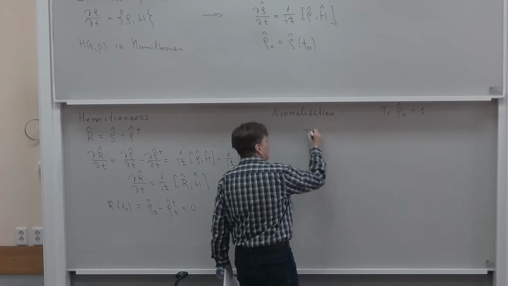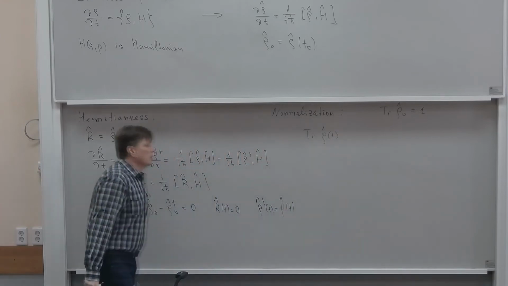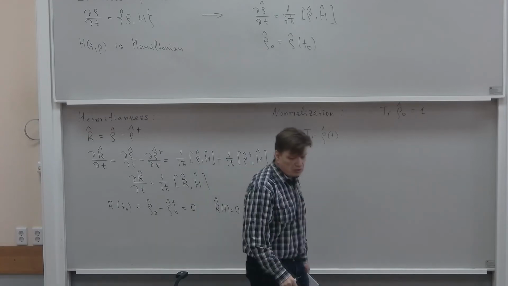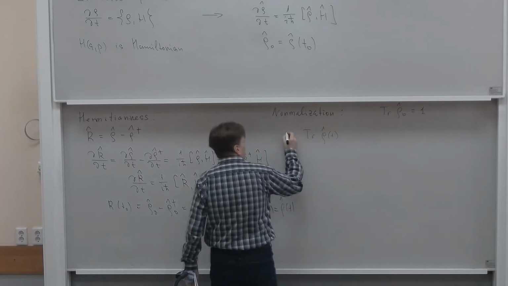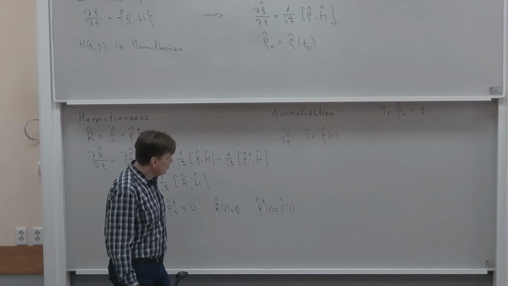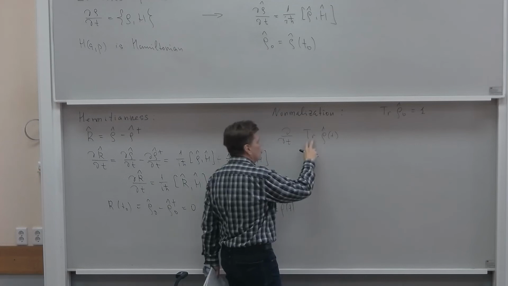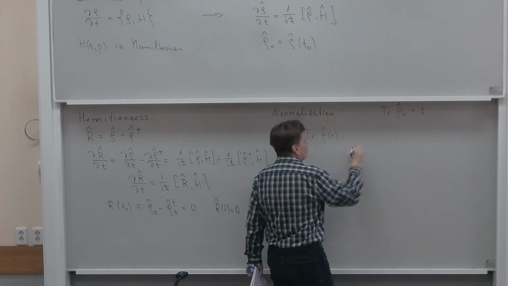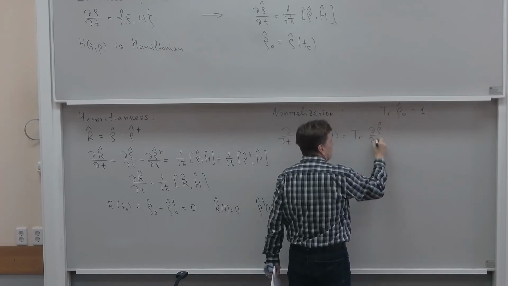So let us write the trace of rho of t. Trace is a linear functional on the space of operators. So applying the partial derivative with respect to t, I can interchange the trace and the derivative operator, and write this as trace of d rho by dt.